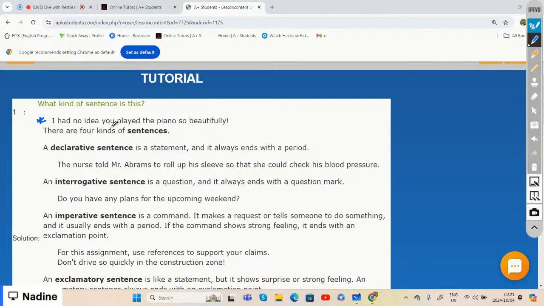All right. And if we look at that sentence, right? I had no idea you played the piano so beautifully. And it ends with an exclamation point.